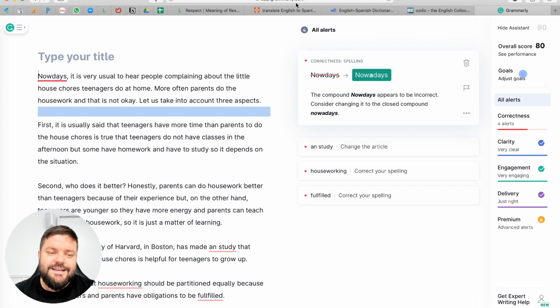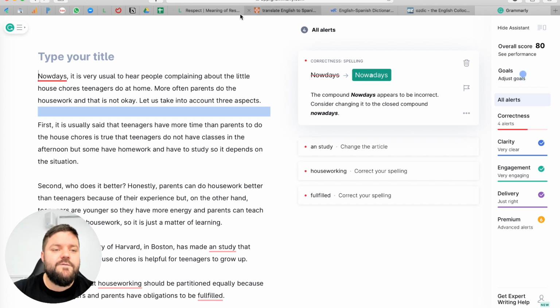And the cool thing is that it corrects, or it suggests some corrections that can be made to this text. Obviously, these corrections are at a grammatical, spelling, and semantic level. Okay, Grammarly is not going to suggest any corrections to the structure of your own text, but it will highlight the most obvious mistakes that you're having. Maybe a combination of words that is not appropriately used, or maybe some typo or things like that.